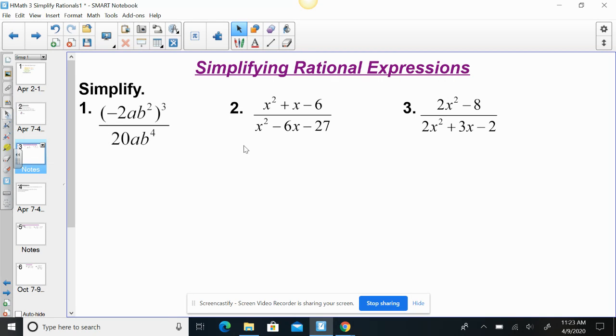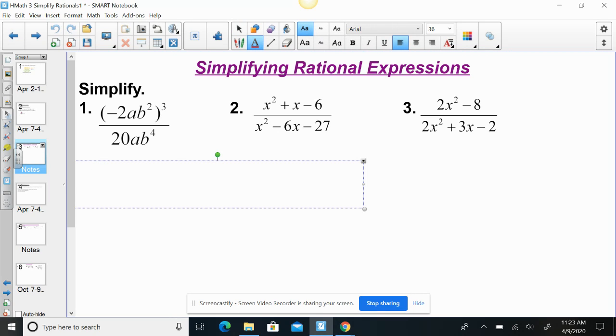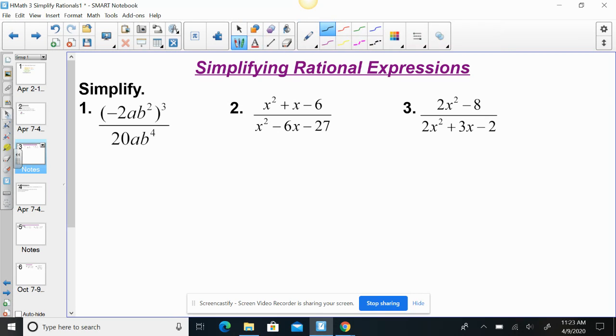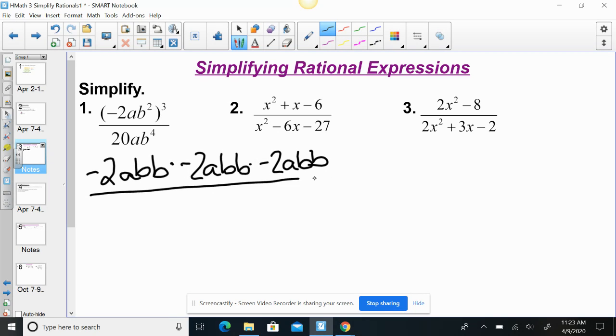All right, so let's look at example number 1. It says negative 2ab squared, all cubed. If I factor that, you're going to write with me, negative 2ab, and I want to do that 3 times because it's there 3 times. Negative 2ab all over 20a and then 4 b's.